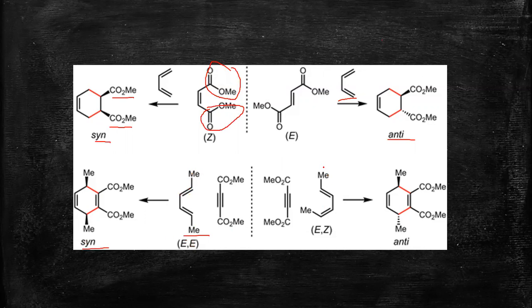And if the orientation of substituents on the diene is opposite, it would give anti-product. So Diels-Alder reaction is very stereospecific, and the orientation of the substituents would become the same in the product as in the reactants.